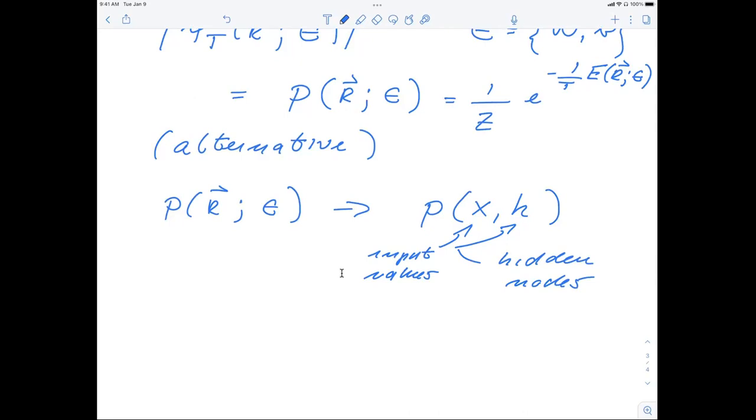Alternatively, you can let the input values take a continuous set of variables, which is what we want. And then you can let the hidden nodes give just a 0 or 1 in case they fire or not, in case they send a signal or not. You can also let the hidden nodes be given by continuous variables.